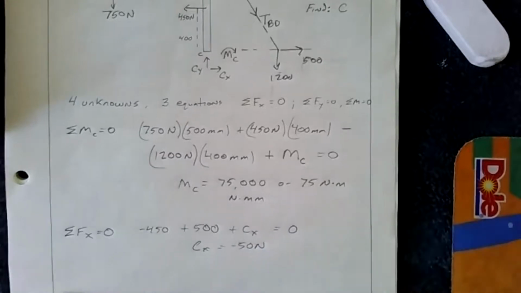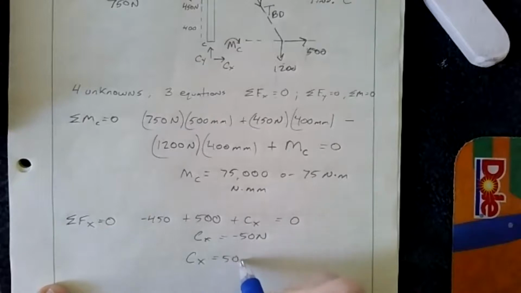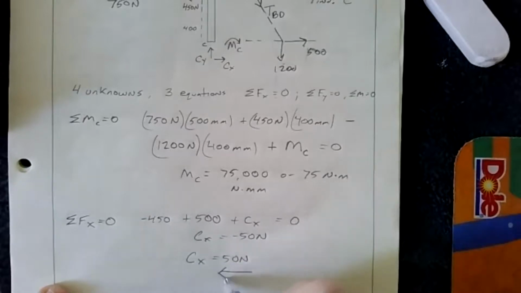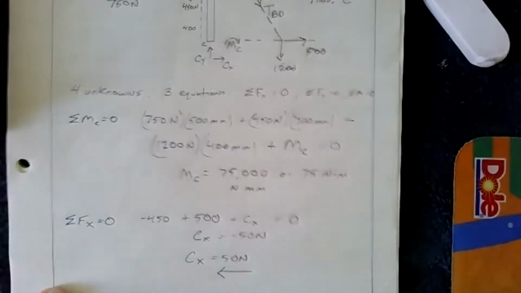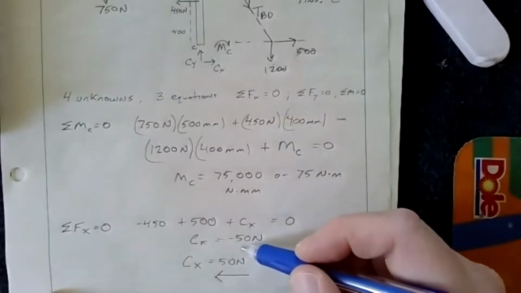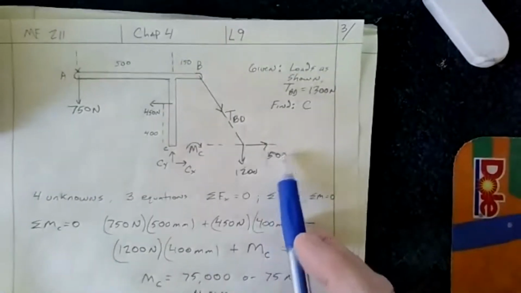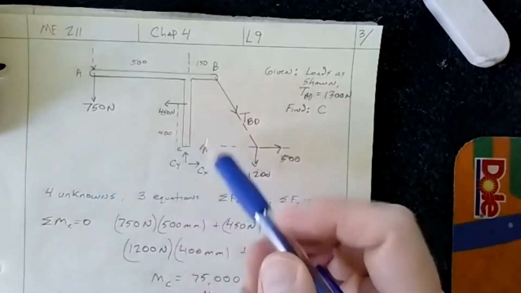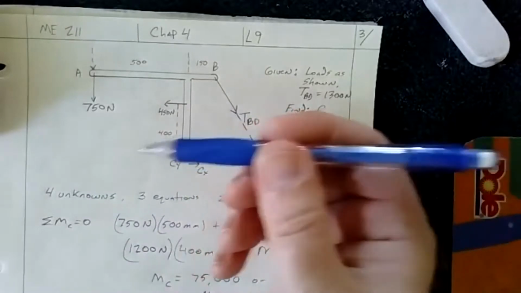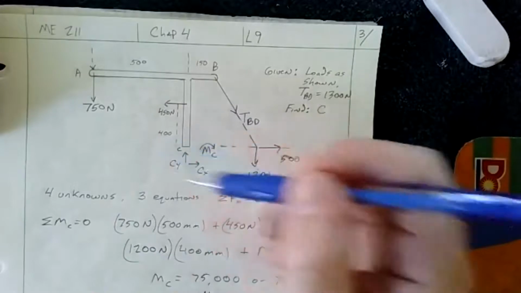So that means that Cx is 50 newtons, but it's going to the left. When I wrote it in the equation, I assumed it was to the right, but it's actually to the left. And that makes sense because I have 500 going this way and only 450 going that way. So there's going to be an additional 50 newtons going this way that's applied to the base of this to support the thing.